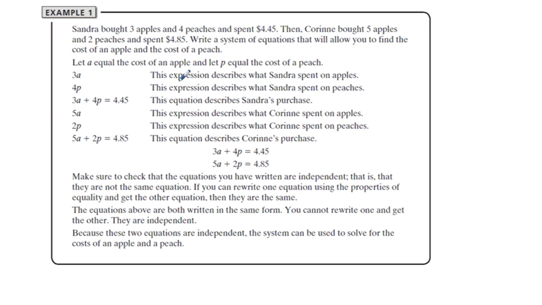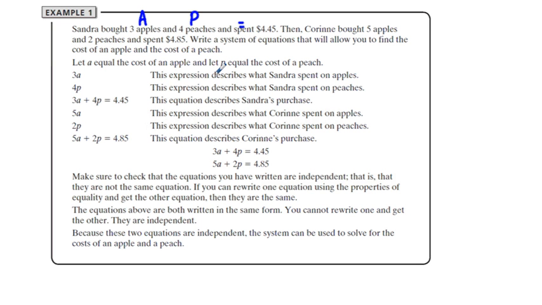Example one: Sandra bought 2 apples and 4 peaches and spent $4.45. I said verbs are an equal sign. Here, spent is the equal. An apple would be one variable, and a peach could be another variable. You can just use the letters of the objects.